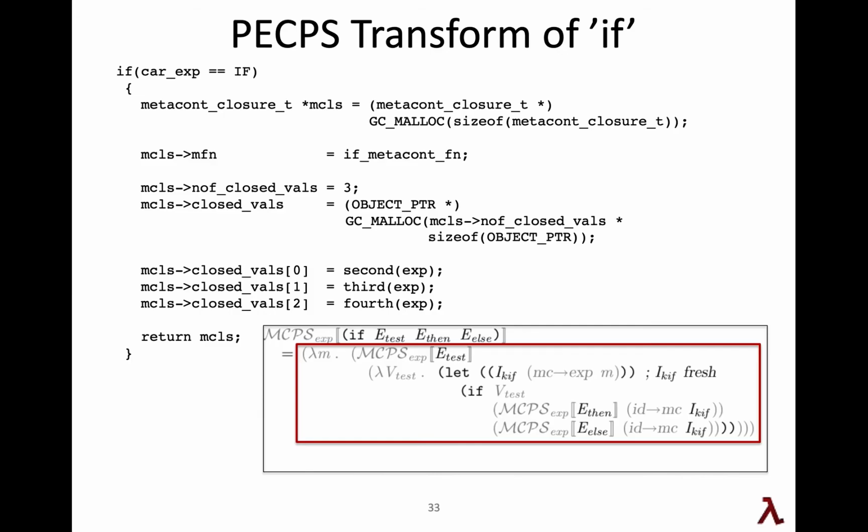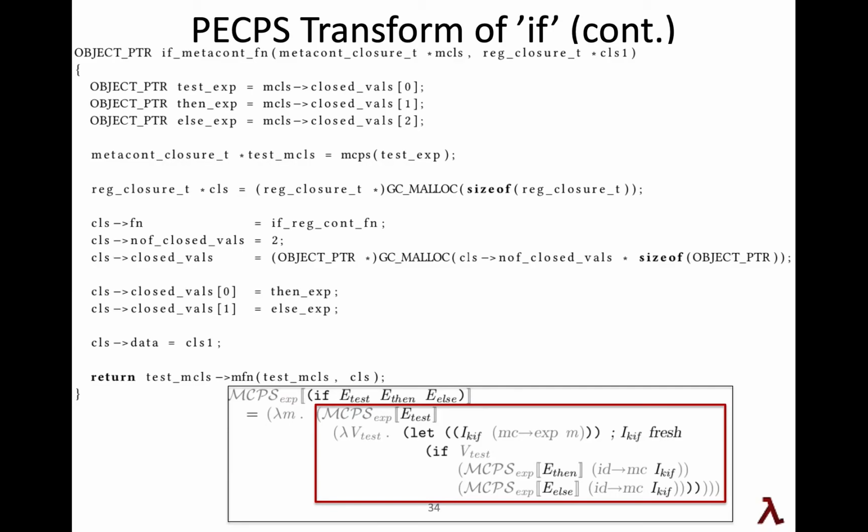What this does is it basically creates the big M closure for the if construct, and as you can see, the three closed values are the test, the then, and the else clauses. And beyond that, this doesn't do much. All the actual heavy lifting happens in the function if_metacont_fn, which we'll see next.